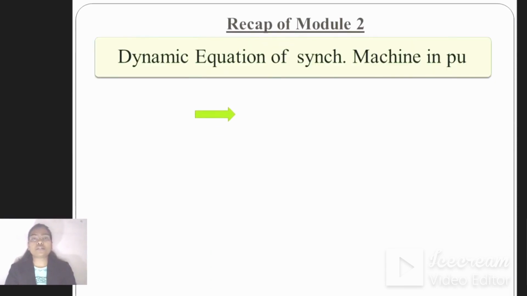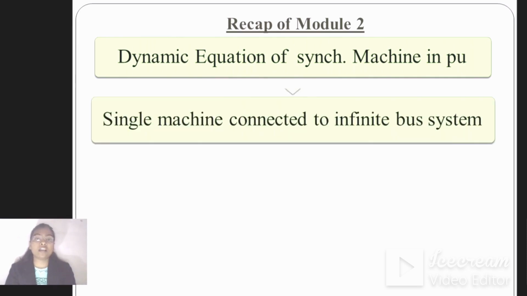So in module 2, first we derived and developed the dynamic equation of the synchronous machine in per unit. That is, we developed the kinetic energy of the synchronous machine, that is half M omega s. Then we derived the swing equation.